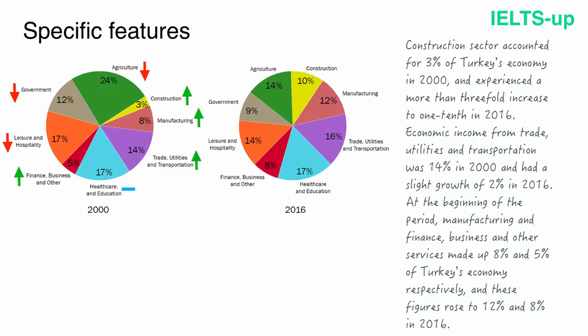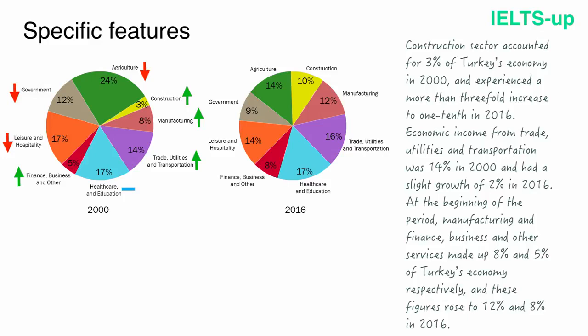Construction sector accounted for 3% of Turkey's economy in 2000 and experienced a more than threefold increase to one-tenth in 2016. Economic income from trade, utilities and transportation was 14% in 2000 and had a slight growth of 2% in 2016.